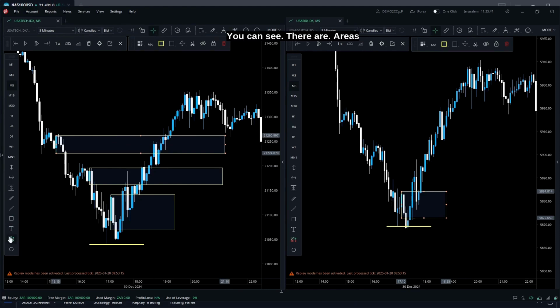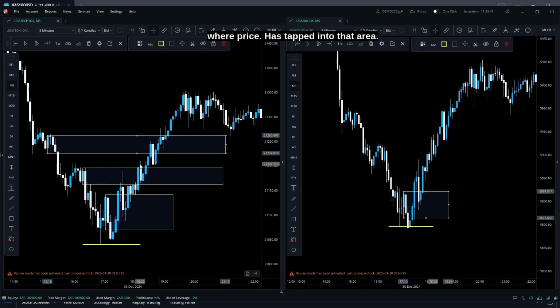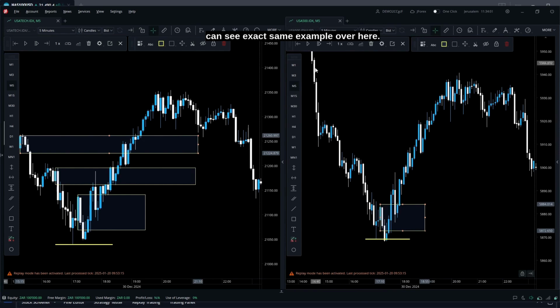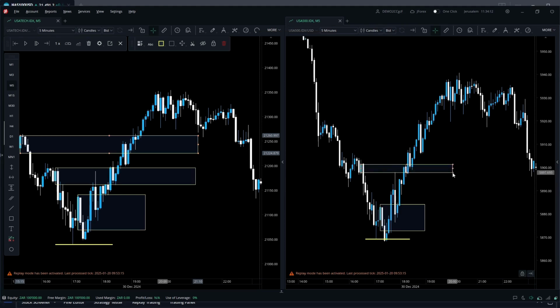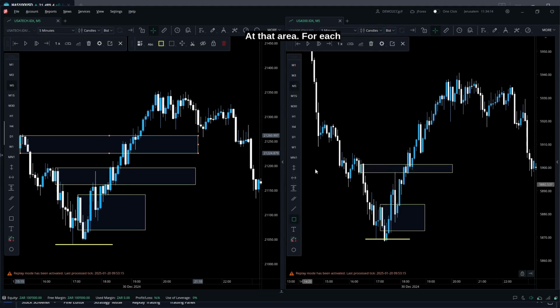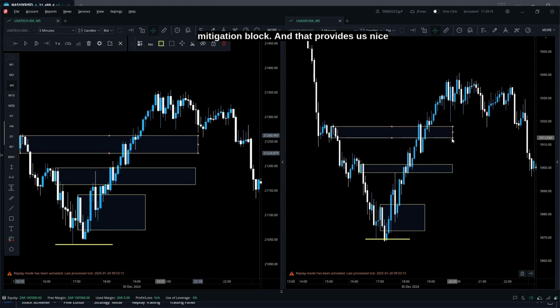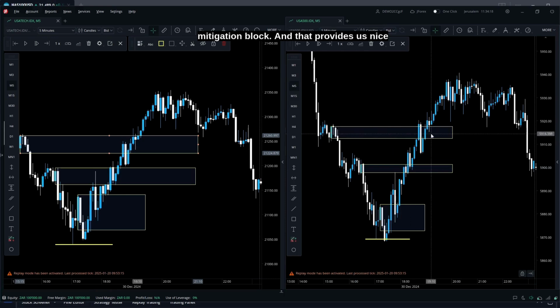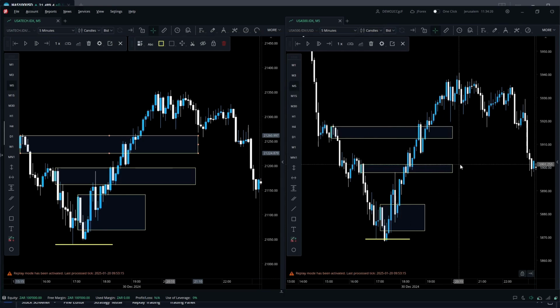You can see there are areas where price has tapped into that area, and you'll find opportunities to enter along a trend when price retraces to those zones. You can see the exact same example over here. Price is retracing at that area for each mitigation block, and that provides us nice opportunities to re-enter.